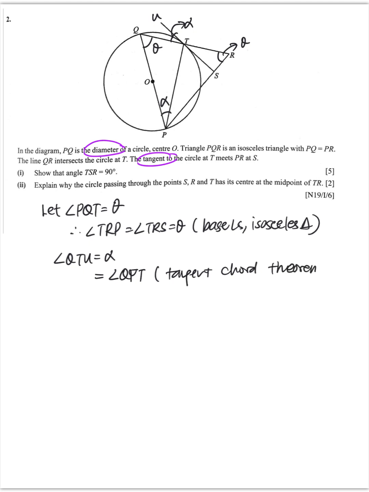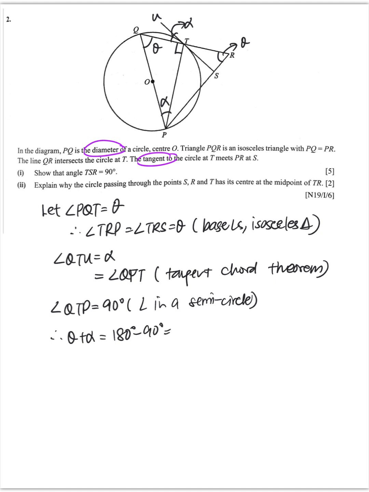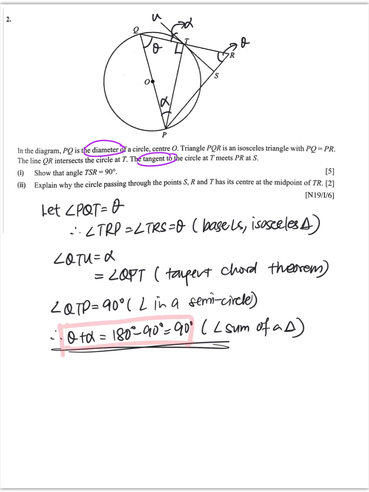Okay, and then this is 90, right? And angle QTP is equal to 90 degrees, angle in a semicircle. So which means that theta plus alpha is equal to 180 minus 90, which is 90 degrees. Angle sum of a triangle. Okay, so this is a very important statement, right? Very important statement. Because you will use it in the next part.